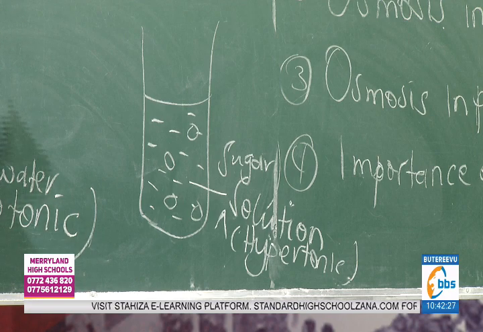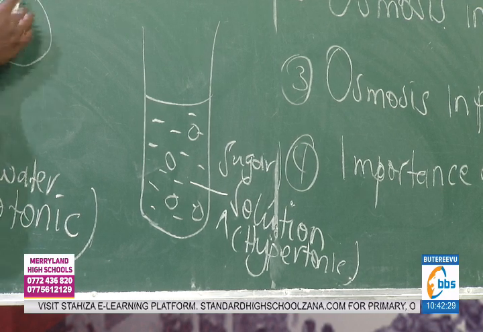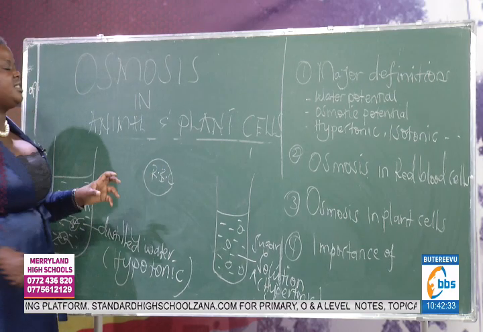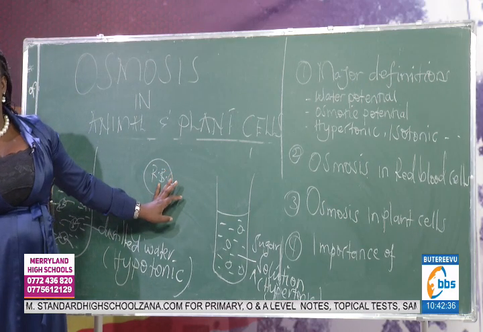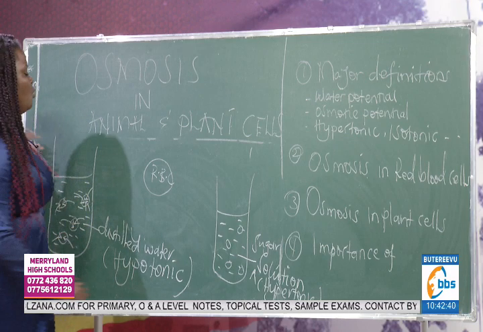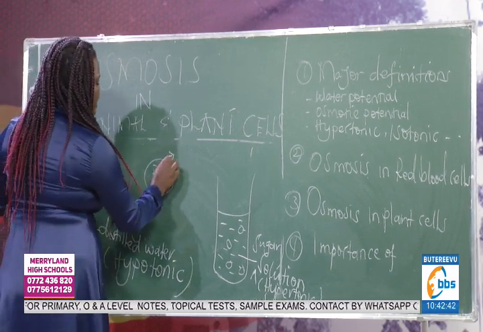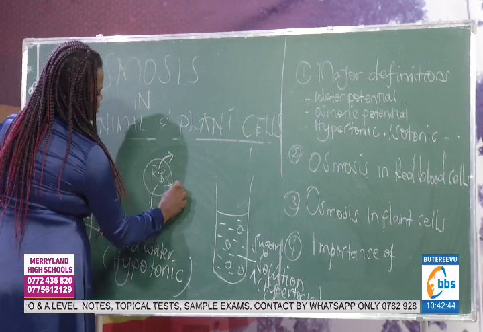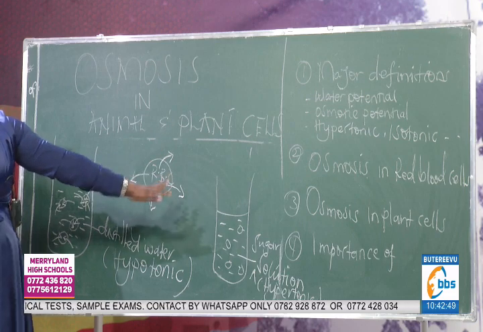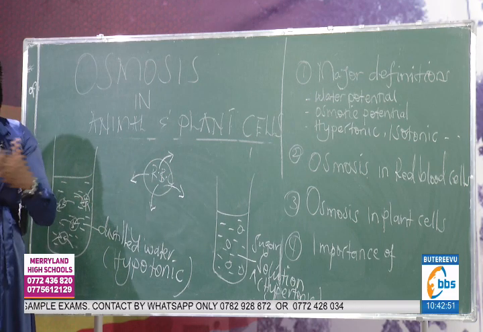So what will happen? Because the red blood cell has more water in it than the surrounding sugar solution, water is going to move out of the red blood cell by osmosis. And when water moves out of the red blood cell by osmosis, it's going to lose its shape.